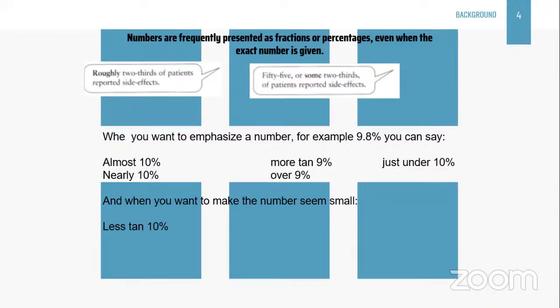And when you want to make the number seem small, less than 10%. Okay, thank you. I think it's clear, but I don't know if you have any questions here. Can we continue then? Yes, teacher. Thank you.